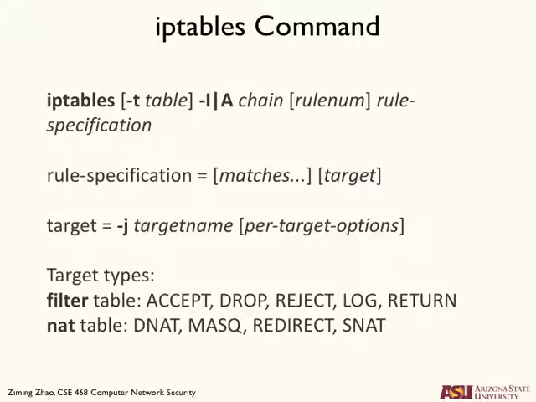With drop, the system will just silently drop that packet. And a network address translation table will have different actions. So iptables, even though it is a stateful firewall, offers something more than a firewall. You can use it to accept and drop packets, and you can also use it to change packets.